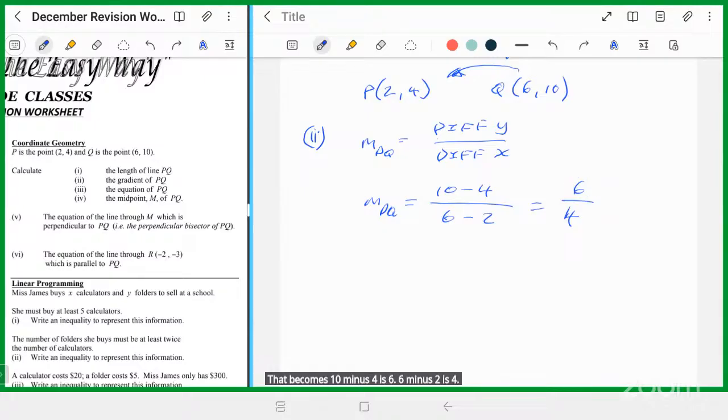Divide this by 2, we get 3. Divide this by 2, we get 2. Always simplify to the lowest terms. So that is the gradient of PQ right there: 1.5. Then we want the equation of PQ.